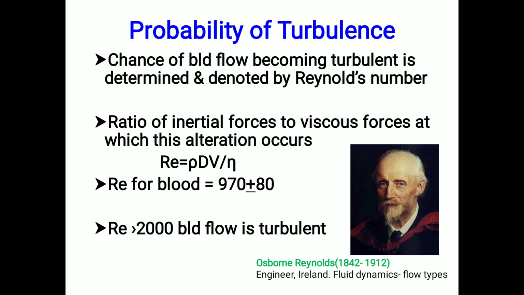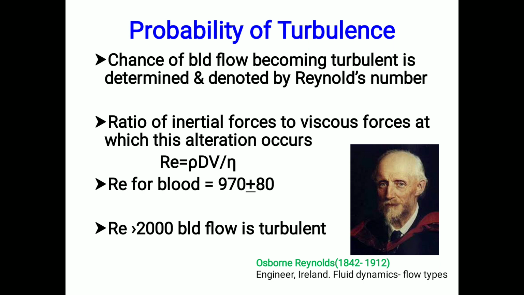So this is usually seen in constriction conditions of an artery, where the velocity of blood flow increases, or in severe anemia where the viscosity of blood decreases. Whenever turbulence occurs, the Reynolds number should be more than 2000.